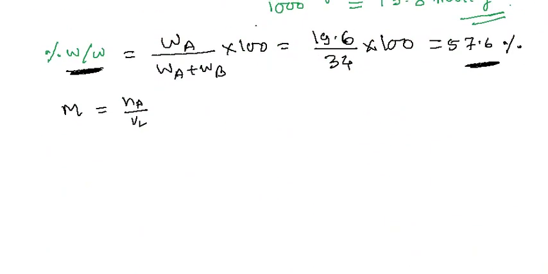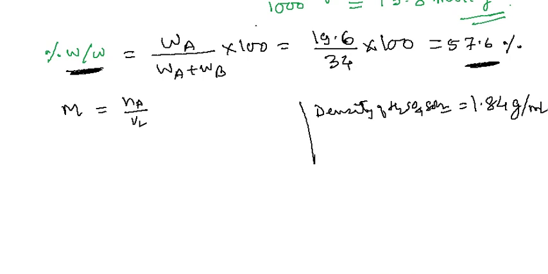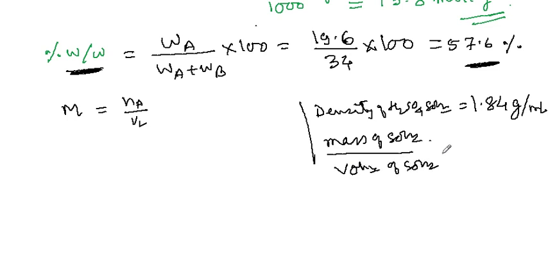So the density of the sulfuric acid solution that we have is 1.84 gram per ml. The density of solution is the mass of solution over the volume of solution, that would be equal to 1.84 gram per ml.